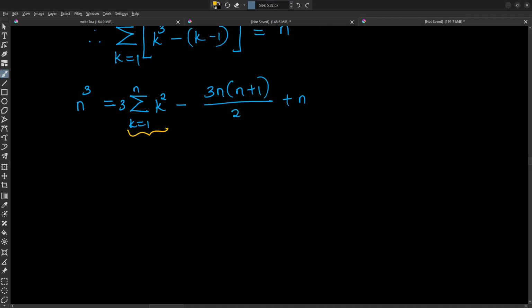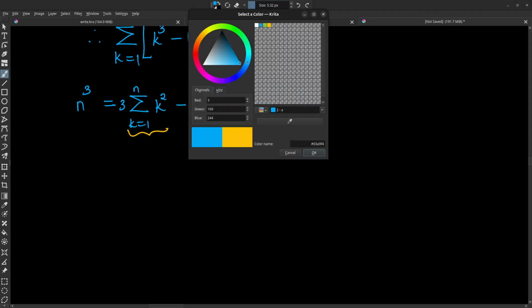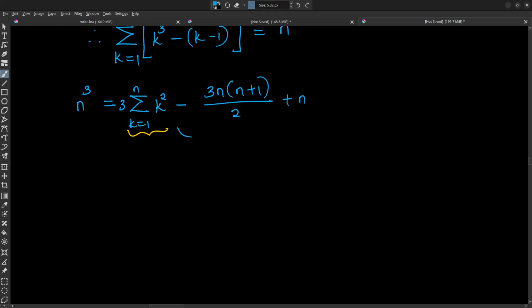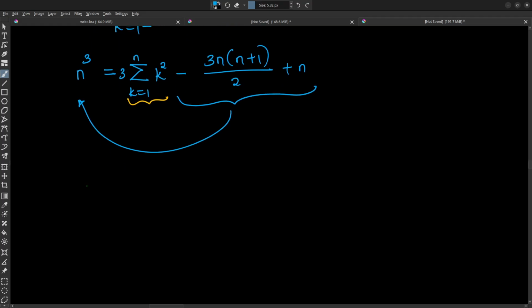Okay, so remember that we said our interest is in this, right? So what we are going to do is take all the other terms and move them to the left side. On the left side, we currently have n cubed.